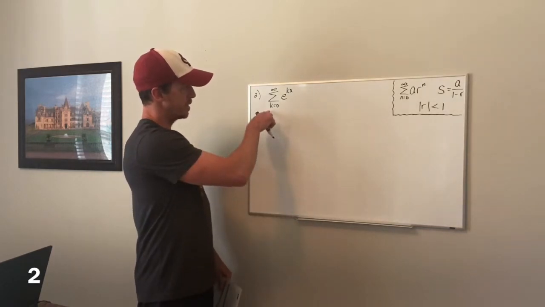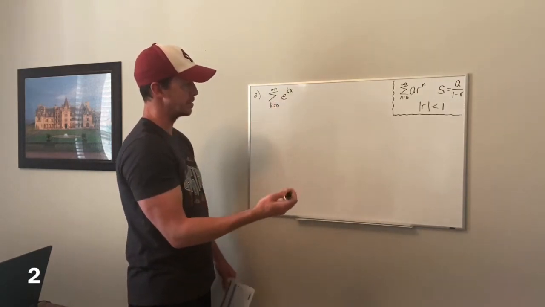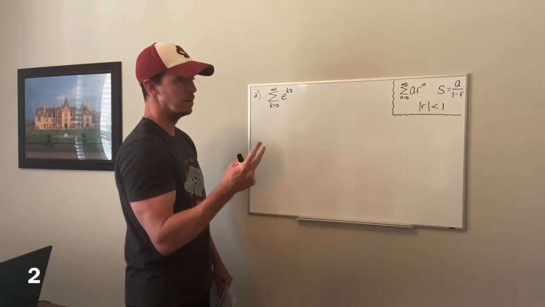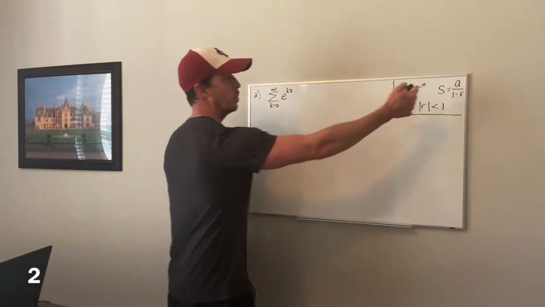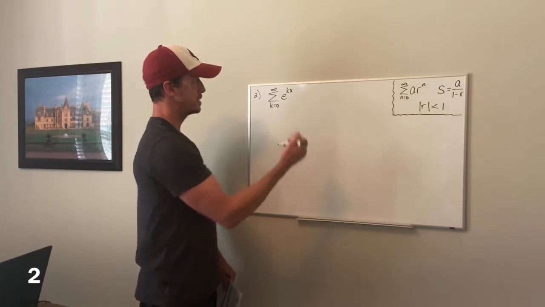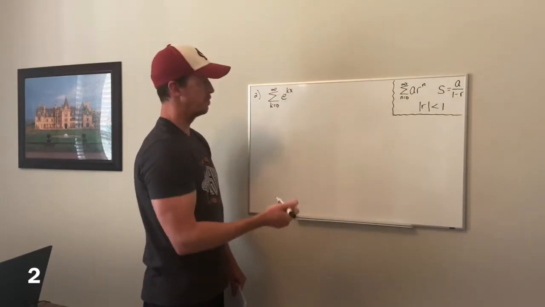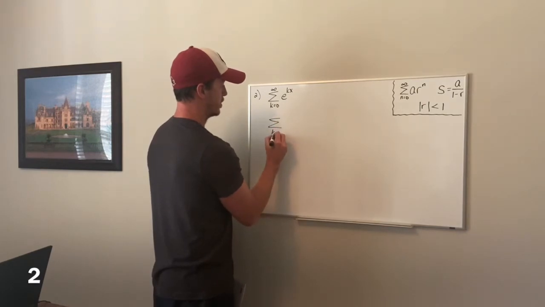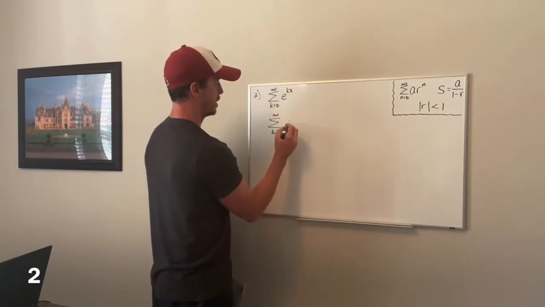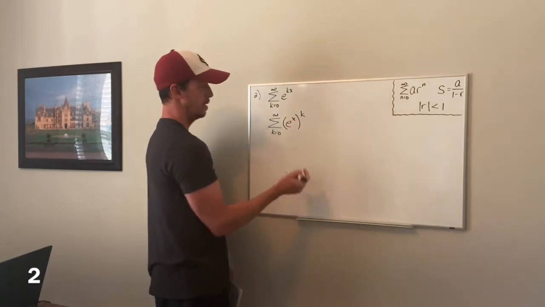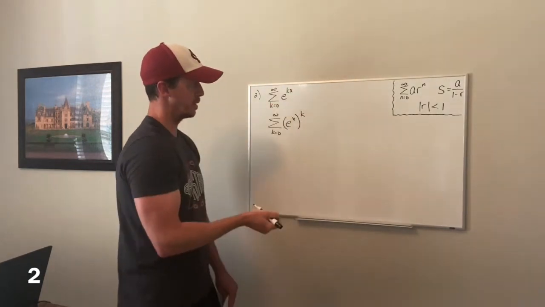Now notice they use a K here instead of an N. That doesn't matter. The K just plays the same role as the N. And so I need to just figure out what A is and figure out what R is. Well, since K is sort of like my N, another way that you could write this, and you don't have to write it like this, is e to the x to the k, because that and that are the same thing.